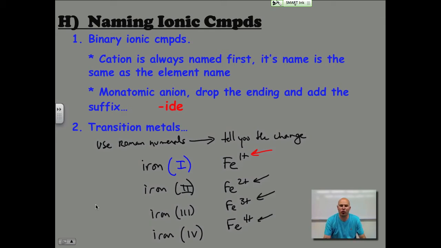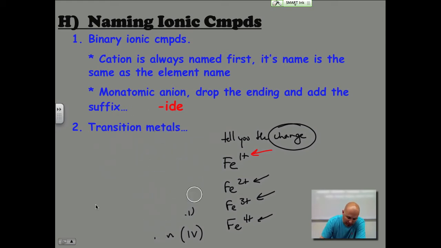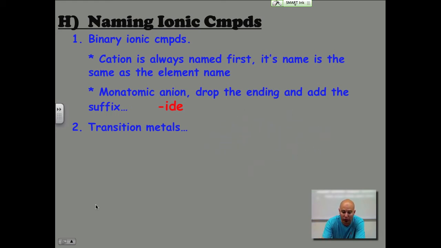The Roman numeral tells you the charge. The charge is the Roman numeral. And I repeat that a few times because obviously people see the subscripts, or in other words, how many there are, and they think that's what the Roman numeral is. It's not that. The Roman numeral tells you the charge.